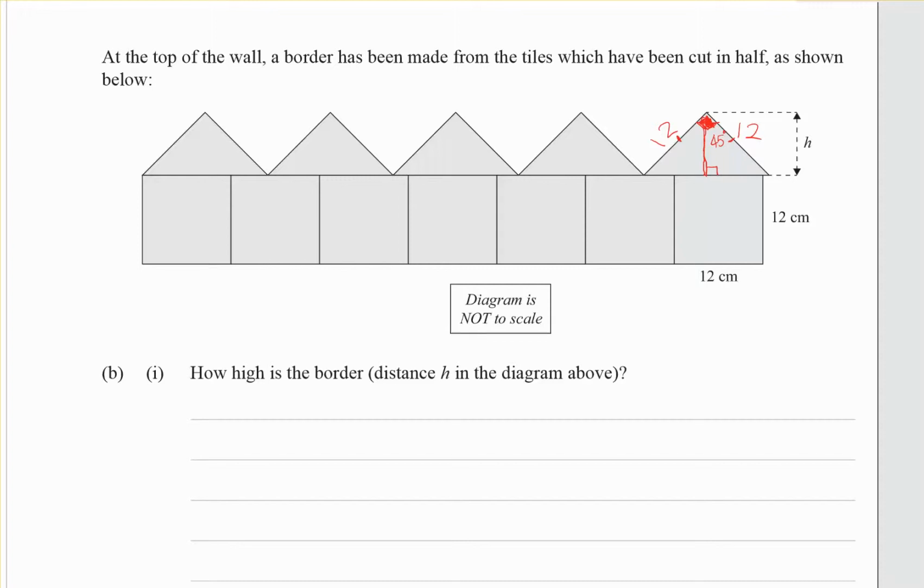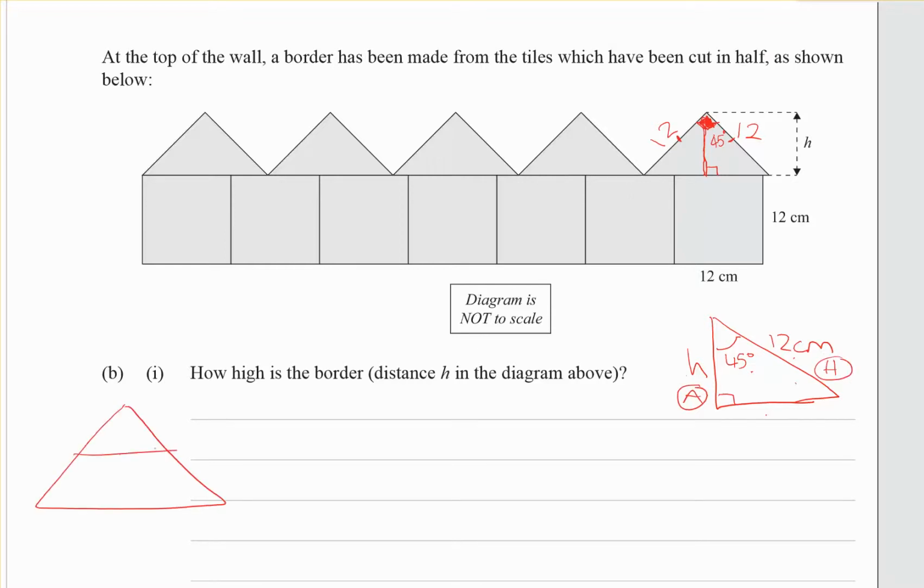So it's symmetrical. So pulling out that triangle I've got, there's a 45 degree angle there and there's 12 centimetres there. As long as you have one angle on one side, you can find the other two sides using trig or Pythagoras. We want to find the height, which is the adjacent side. Here's the hypotenuse, so we're doing a CAH problem.